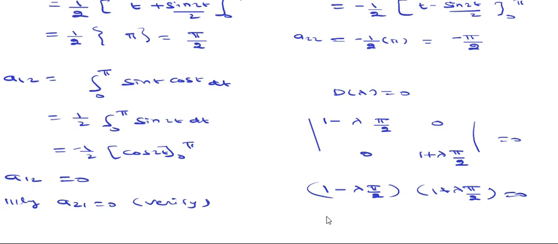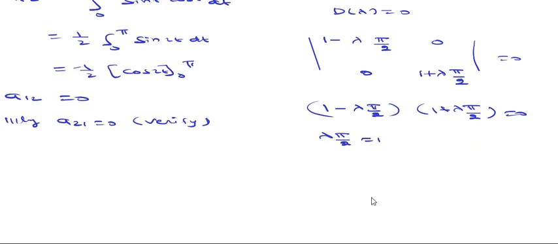So here we get lambda into pi by 2 equal to 1, or lambda, which we can take as mu. Mu equal to 2 by pi.